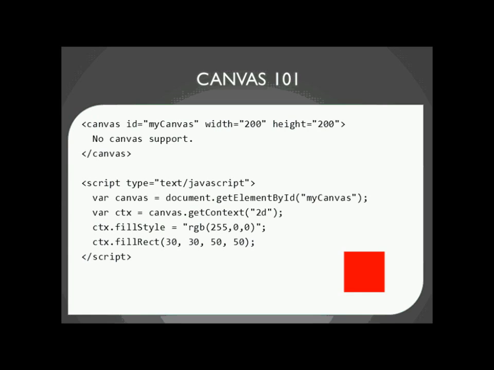Then I can start to draw things once I have that element in my JavaScript by using the various methods within. So I get the 2D context, and then all of those great APIs I just noted, now I can leverage and use them. You see here I use fillStyle and fillRect to draw a rectangle, and you see that in the corner a red rectangle is drawn.